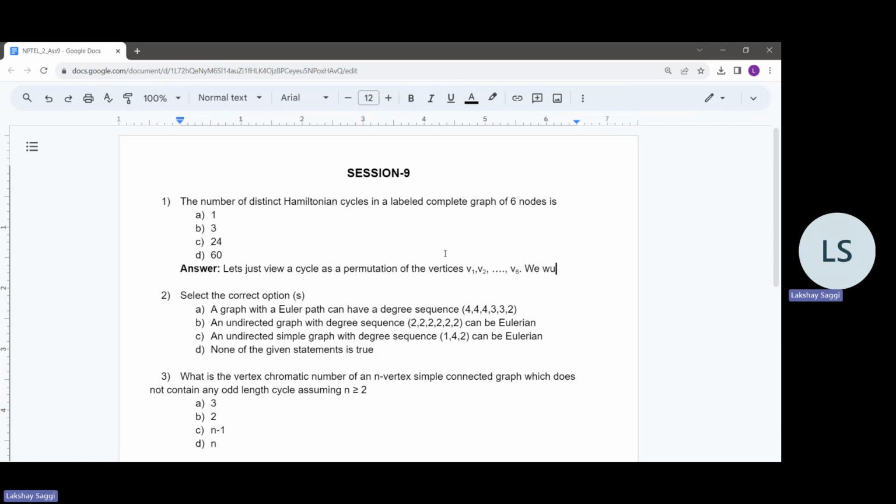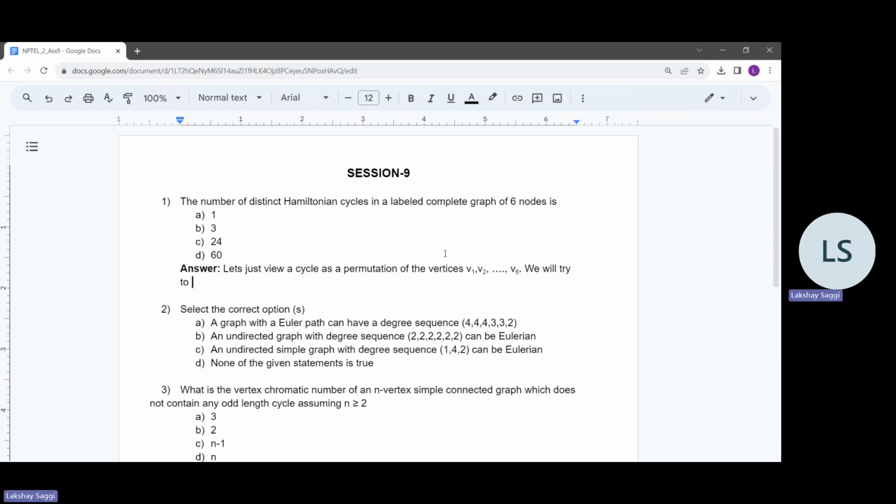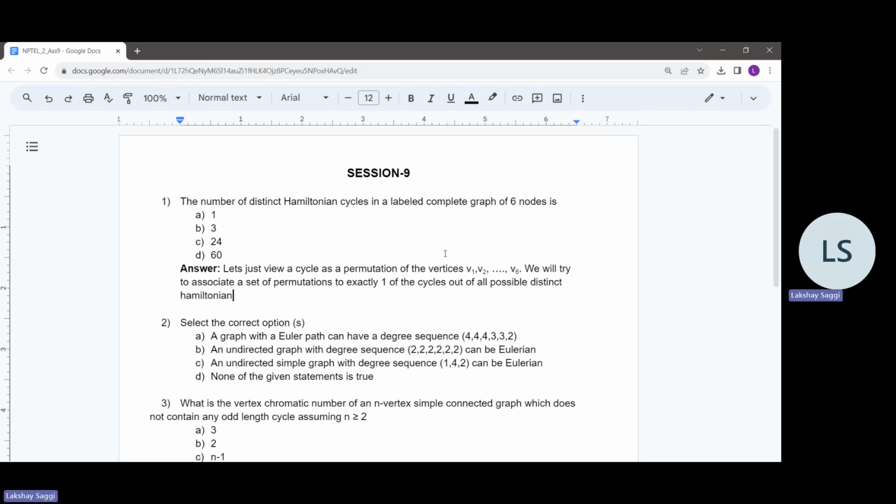So we will try to associate a set of permutations to exactly one of the cycles out of all possible distinct Hamiltonian cycles.